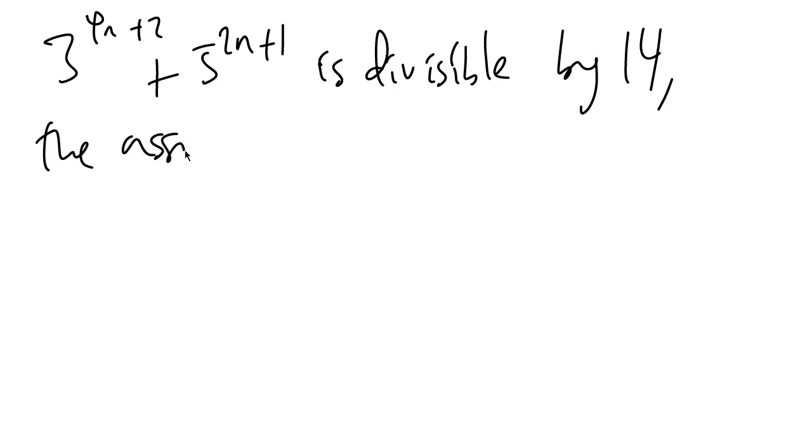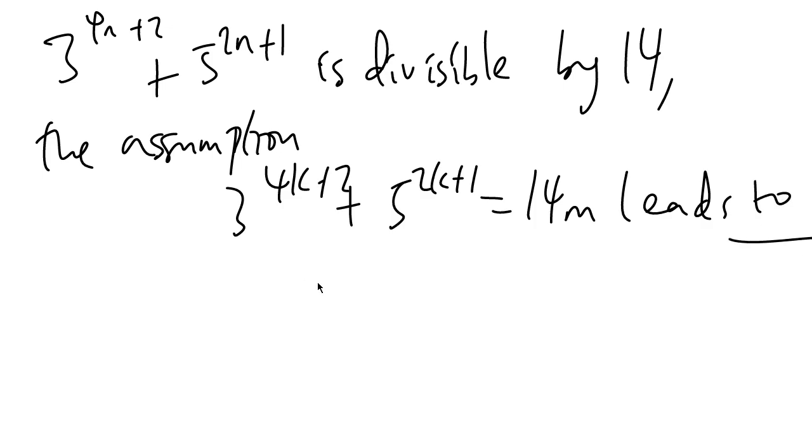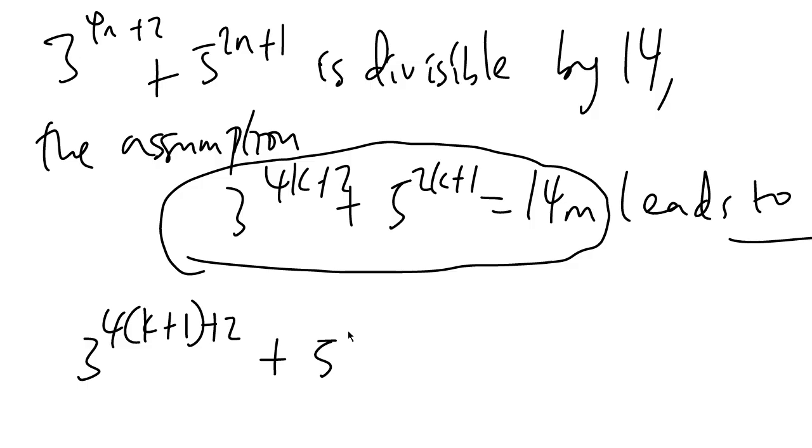The assumption 3 to power 4k plus 2 plus 5 to power 2k plus 1 equal to 14m leads to, so same principle, substitute k plus 1 for n. Anywhere you see n, replace with k plus 1, because this expression gives you n equal to k. So that will be 3 to power 4 into k plus 1 plus 2 plus 5 to power 2 into k plus 1 plus 1.